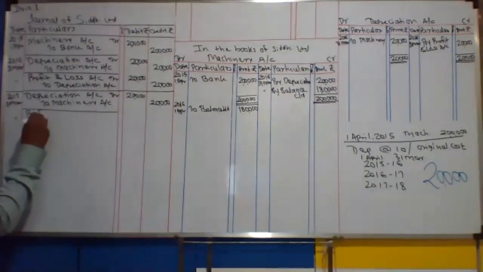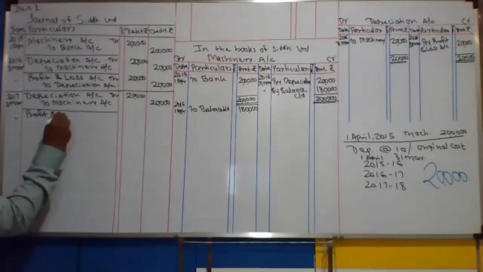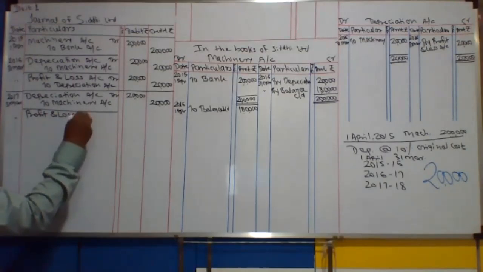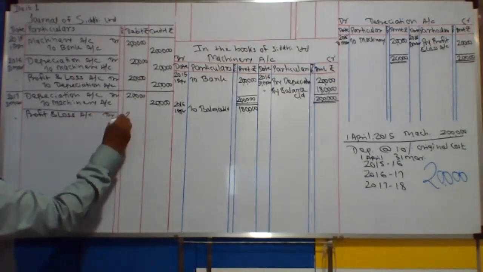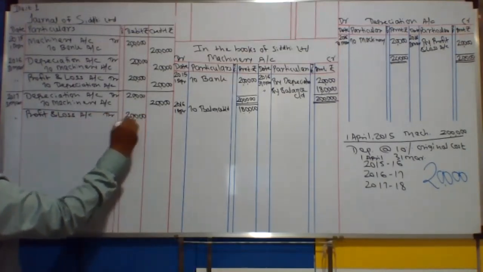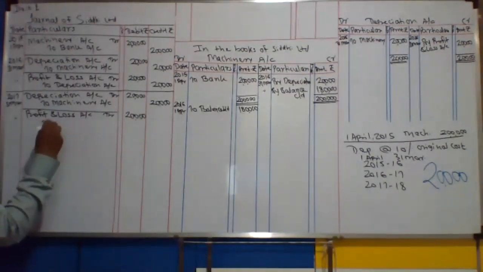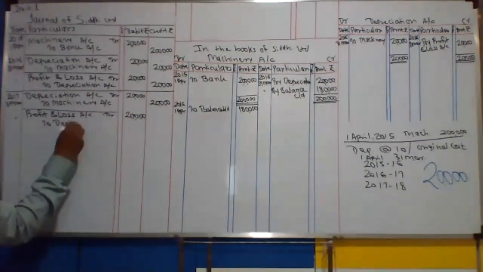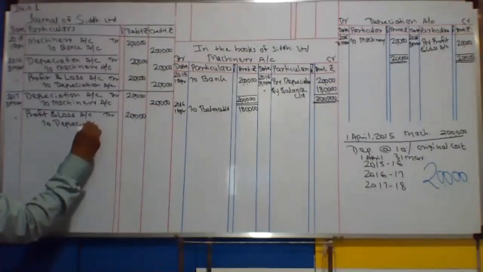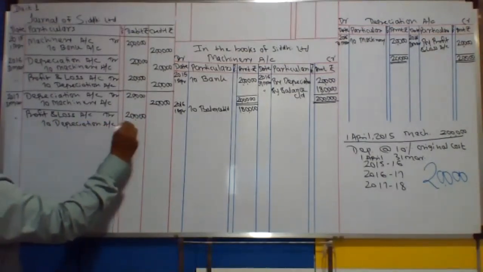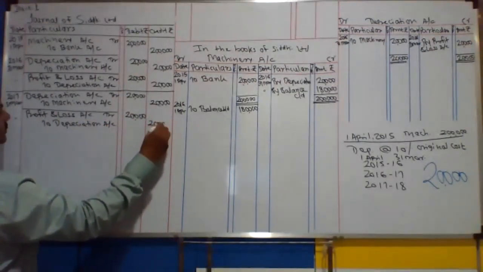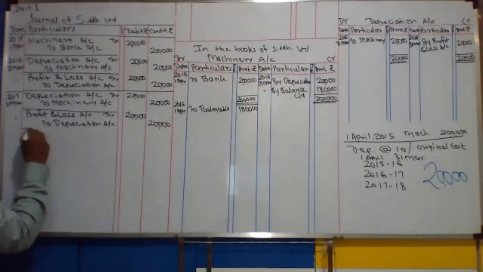The next entry: profit and loss account debit 20,000 to depreciation account 20,000.